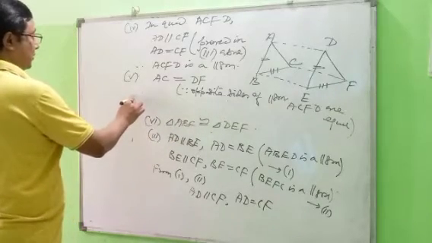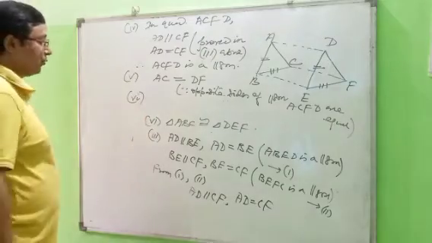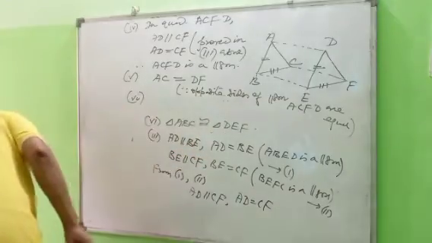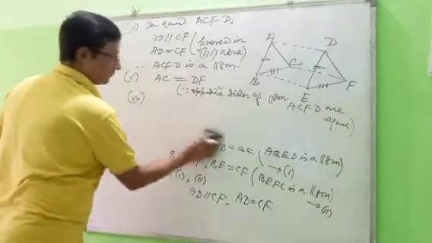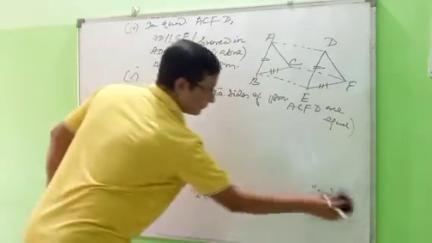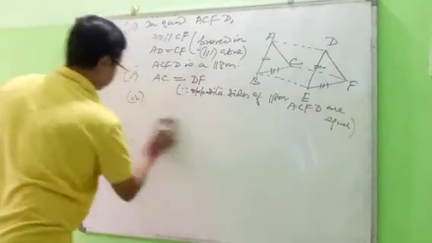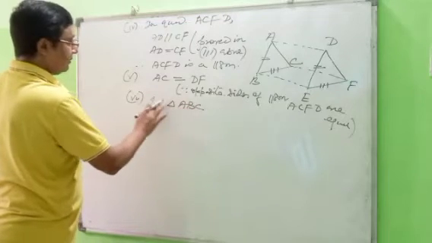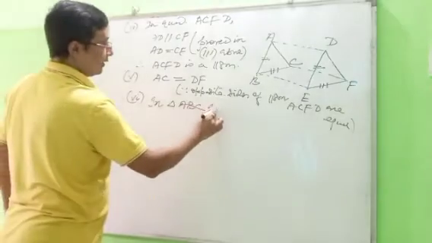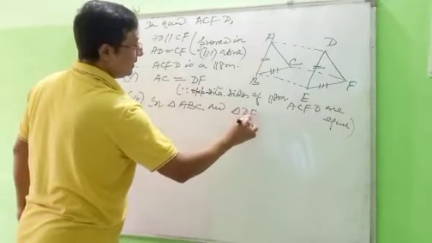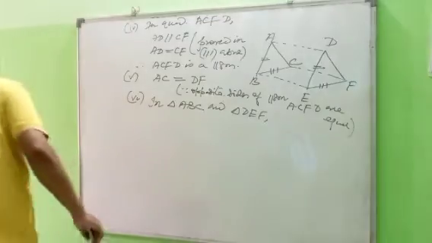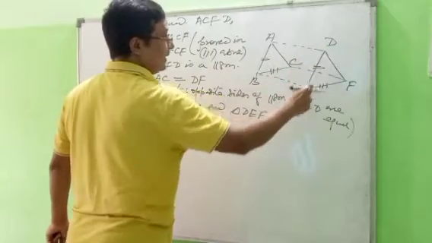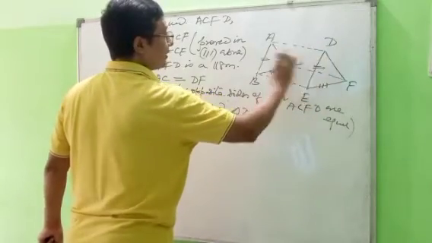Now, last one is 6. So in proof number 6, you are to prove that triangle ABC is congruent to triangle DEF. So in triangle ABC and triangle DEF, from these two triangles, what can you see?